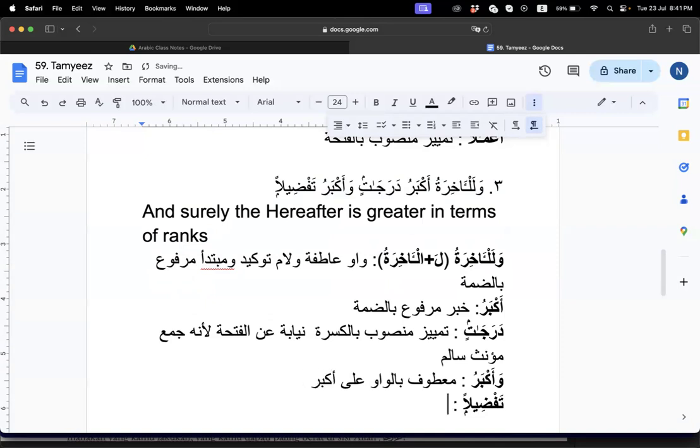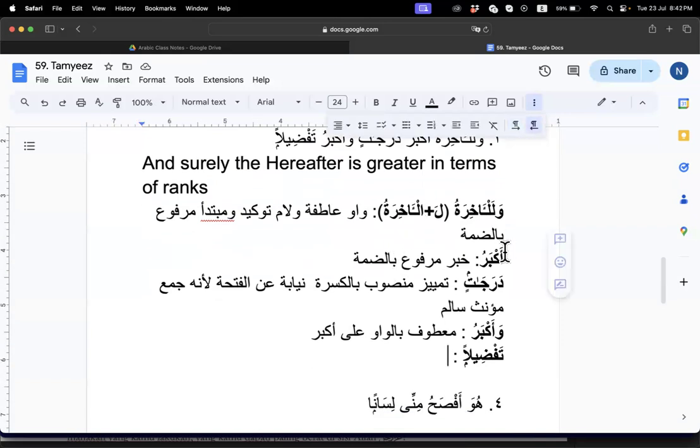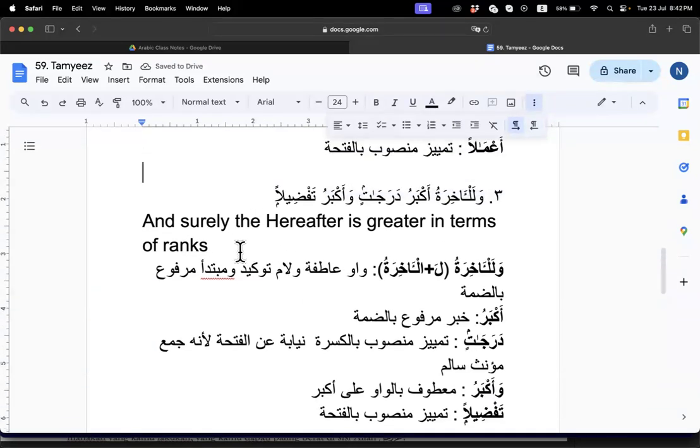And tafdilan is tamyiz, because we have ism tafdil, akbaru, same akbaru here. So this is tamyiz, mansub bil fathah, sorry, not kasrah. Correct.